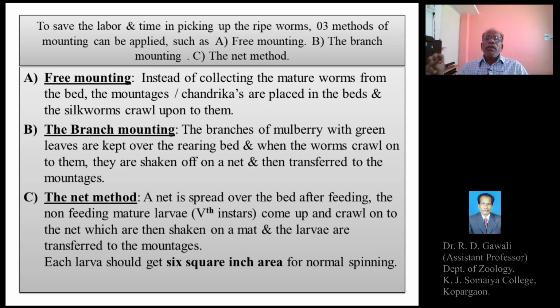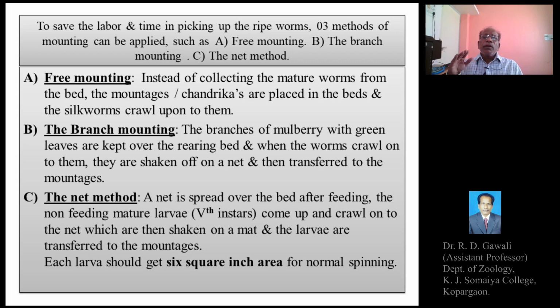With the help of these three methods, we can transfer the mature silkworms onto the mountage for spinning cocoons. Picking individual larvae and transferring them to the mountage would require more time and labor, and that's why one of these three methods can be adopted.